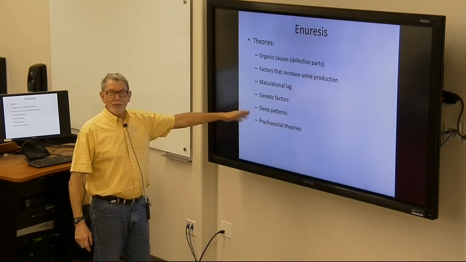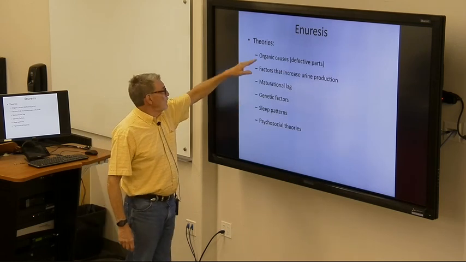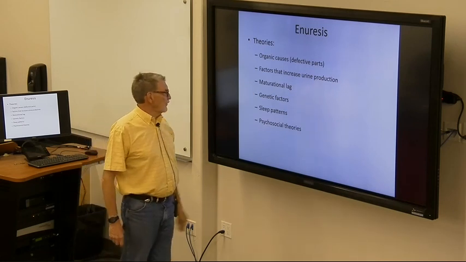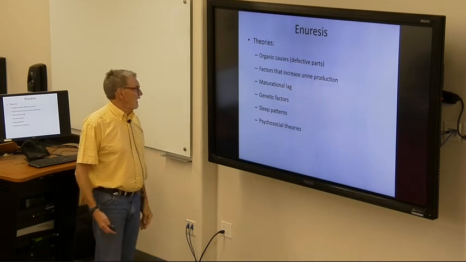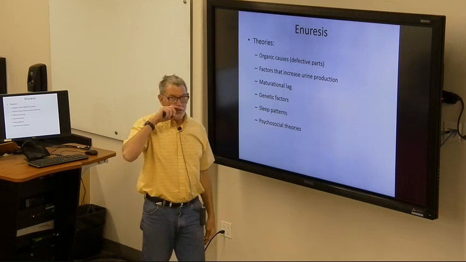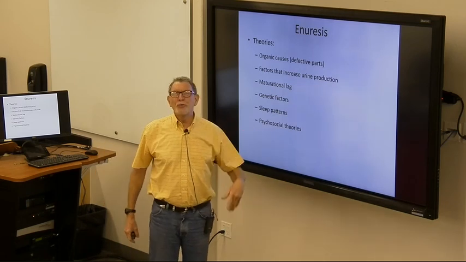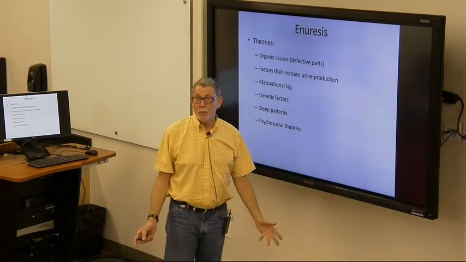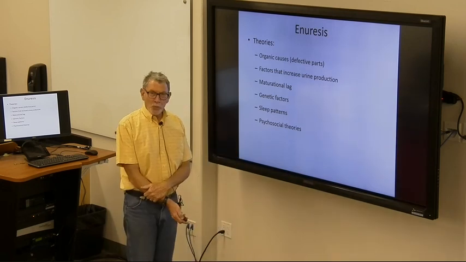Genetic factors, which probably would be defective, talking defective parts. And of course, psychosocial, kids who are abused or who are afraid all the time or something are a little bit more likely or somewhat more likely to be bedwetters.